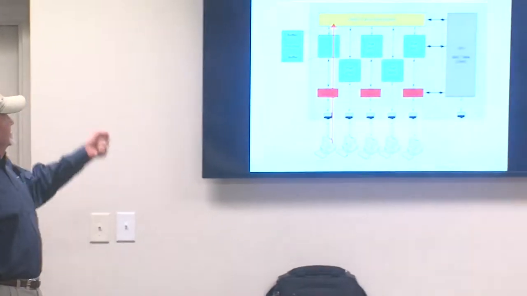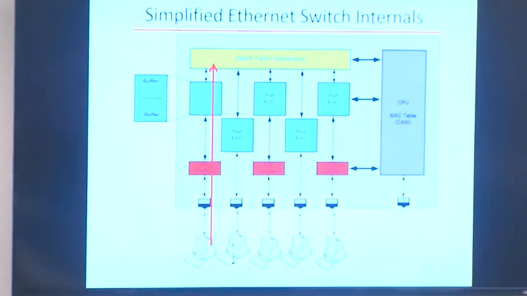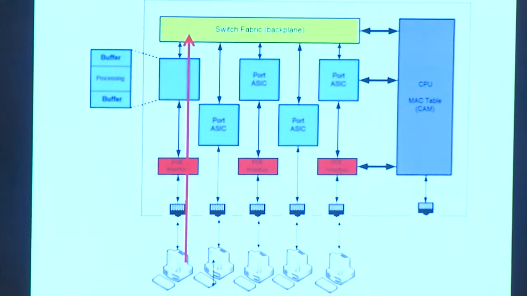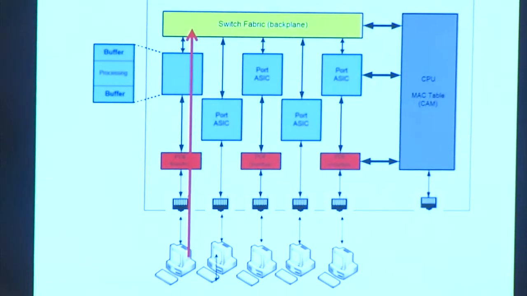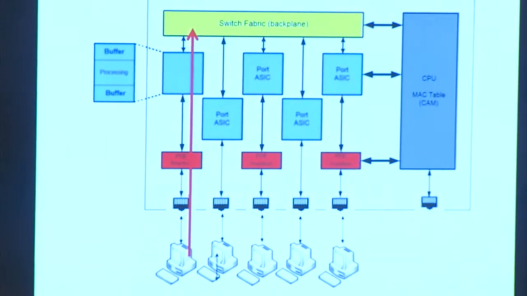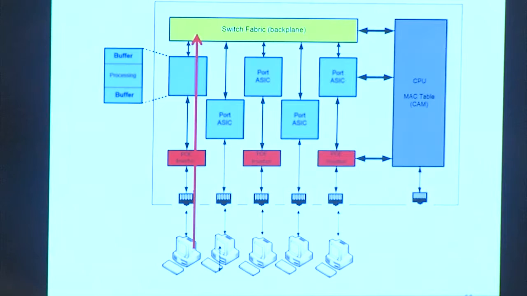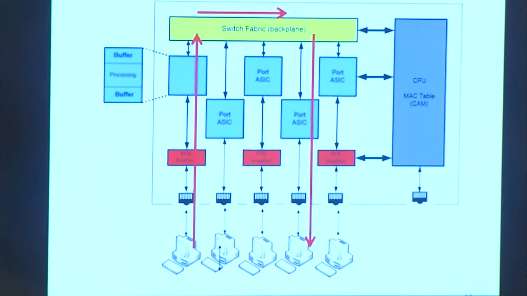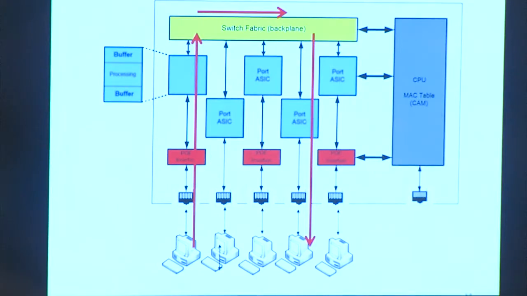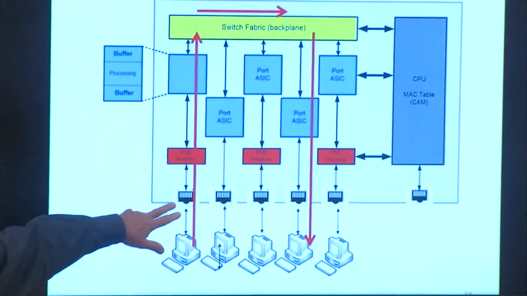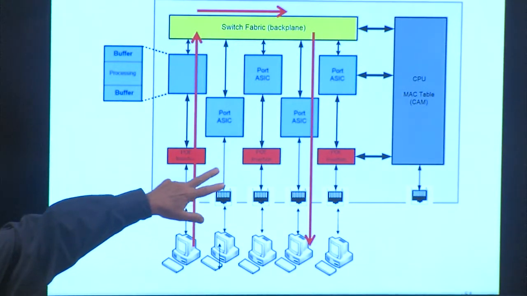And thus, again, an Ethernet switch is going to take a frame from an ingress port. It's going to look up that destination MAC address in the CAM table, and then forward that frame to the appropriate egress port. What happens, however, if that destination MAC address is not in the CAM table?